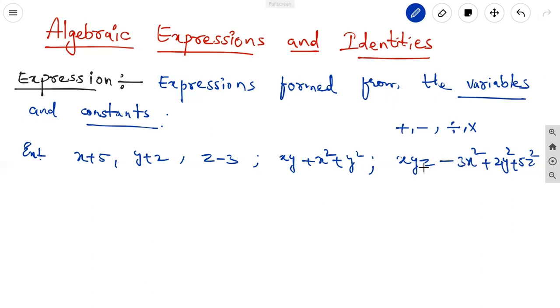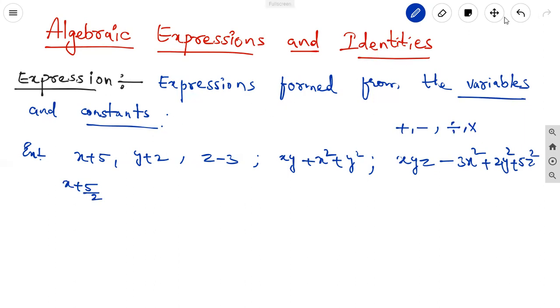Between two terms, the algebraic operation is either addition or subtraction. In some cases, we can take x plus 5 by 2, where division is involved. So the expression is formed from the variables and constants with the algebraic operations.